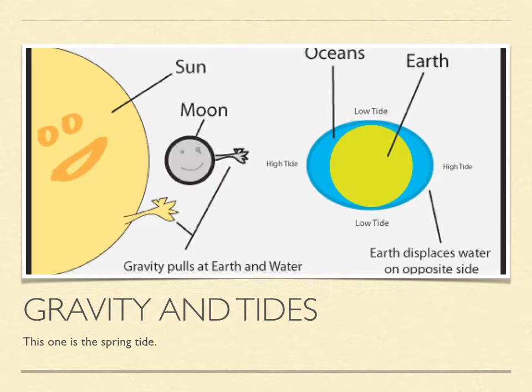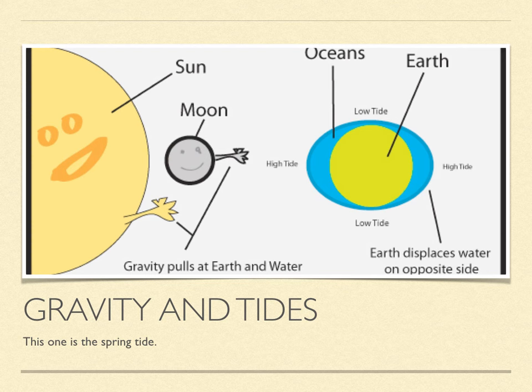The reason that it happens on both sides is a factor of the earth spinning and of our orbits around the sun as well. So when the moon is in line with the sun and the earth, so you could draw a straight line between them, we have our high tides. Happens on both sides of the planet, and we call that our spring tide.